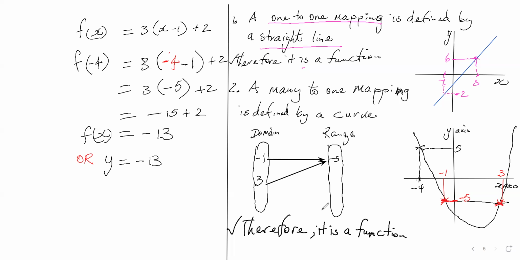So, a one-to-one mapping is a function, and a many-to-one mapping is also a function.